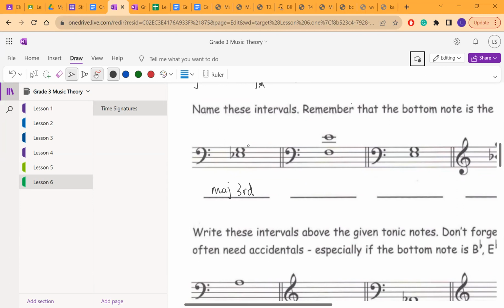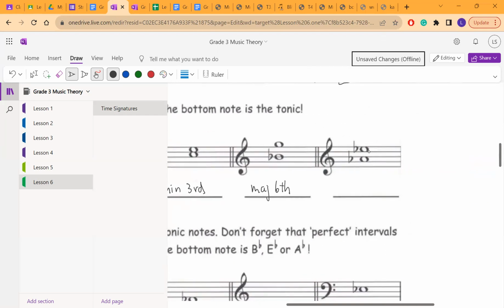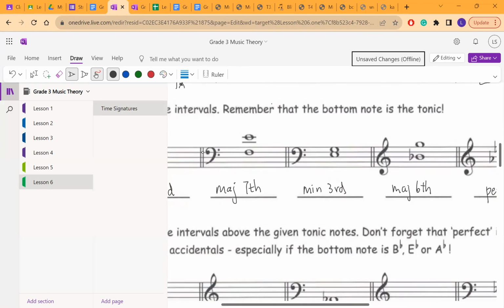If there's anything you don't understand, you can tell me to stop and I can explain it. Does everyone understand why this is a minor third?